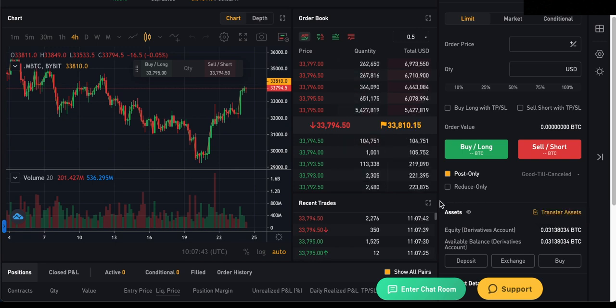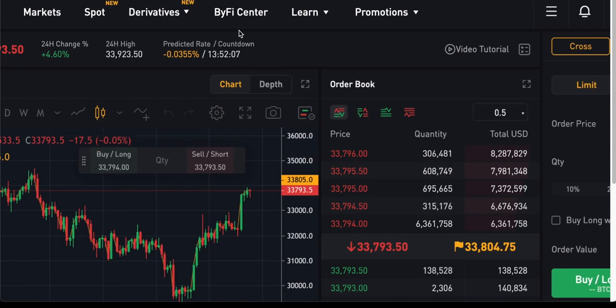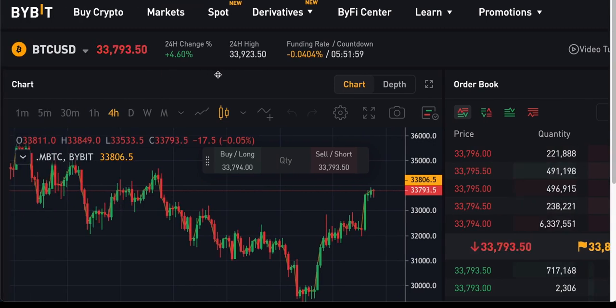I cannot give you financial advice in any way, but definitely understand what futures are and the risks of leveraging as well. But essentially when you go long, you have to pay a funding rate or a fee, and you can see that funding rate right here. It's around 0.04%. This is only if you go long. If you want to go long Bitcoin, then you'll pay this funding rate to shorts. So yes, if you are a short, you actually get this funding rate.